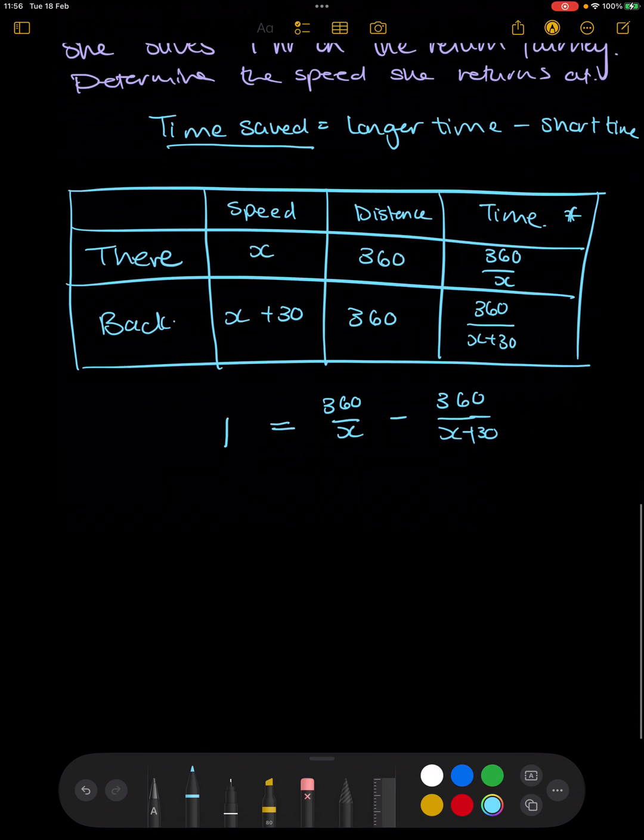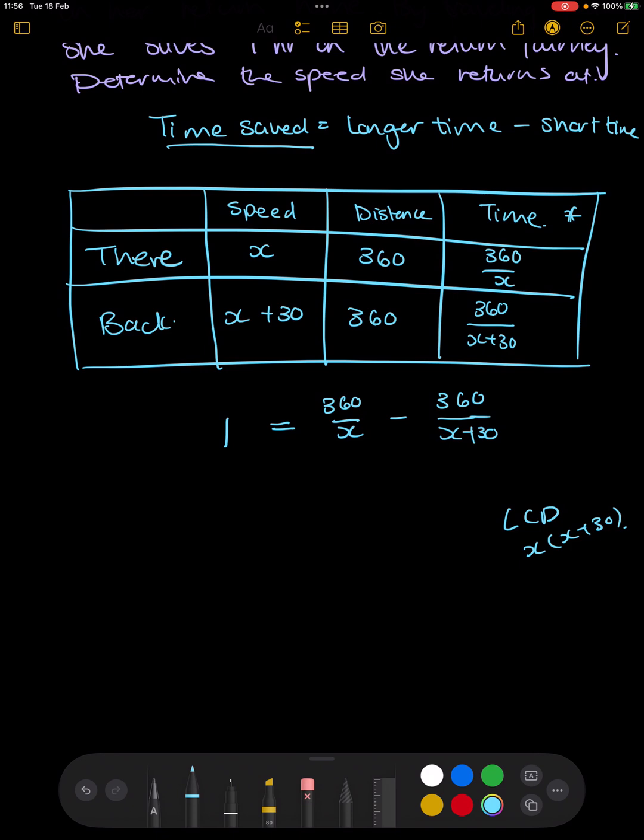I have to now get an LCD, my LCD being X plus 30. Right, now I'm just going to multiply everything with my LCD. And then I can solve from there.